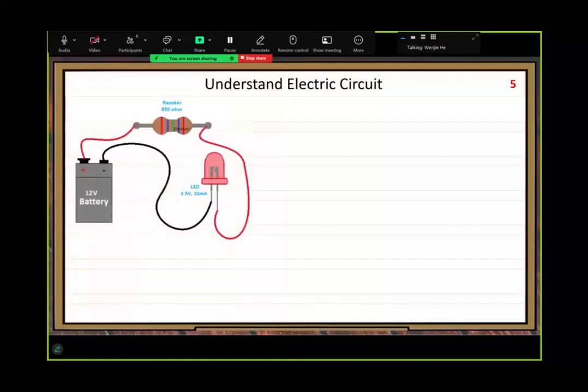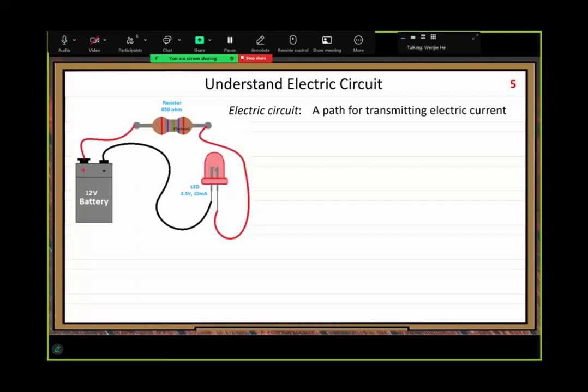So this is a simple diagram of an electric circuit. In this diagram, you can see there are three basic components in a typical electric circuit. First, when we say electric circuit, we mean a path for transmitting electric current.